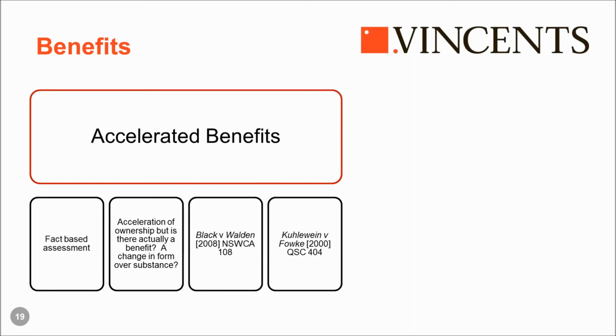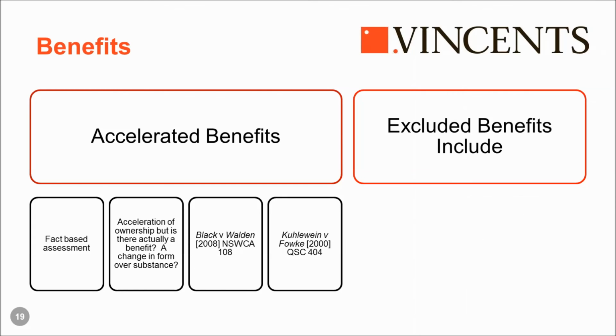If you continued to use that asset in the exact same way, where the dependents just went out on the weekend and used it, then you wouldn't have an accelerated benefit, because the asset is used in the exact same manner as it was prior to the death of the deceased. If, however, after the death of the deceased, you decided to put that onto the market and rent it out, well, in that case, there is a change in the use of the asset, and what that means is that you would take account of it as an accelerated benefit.